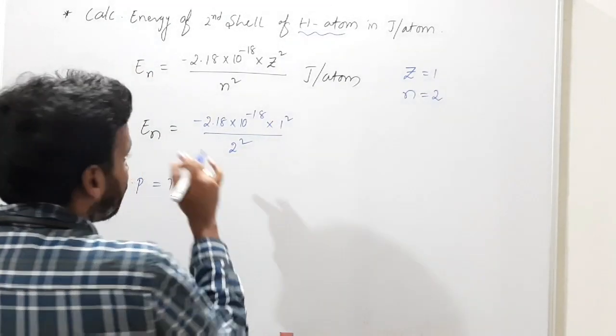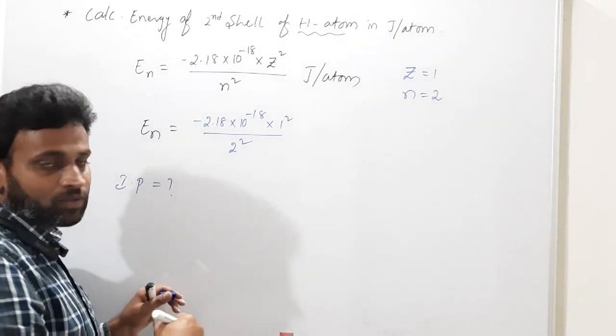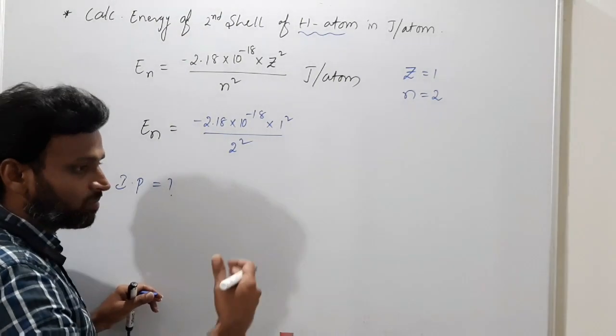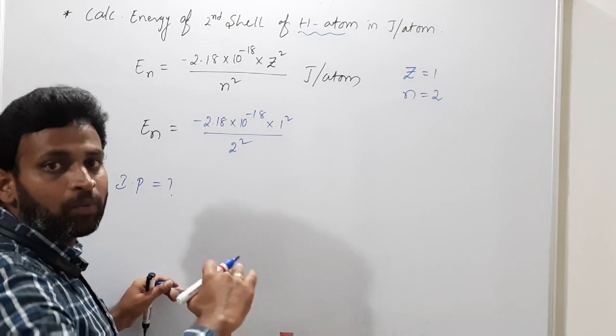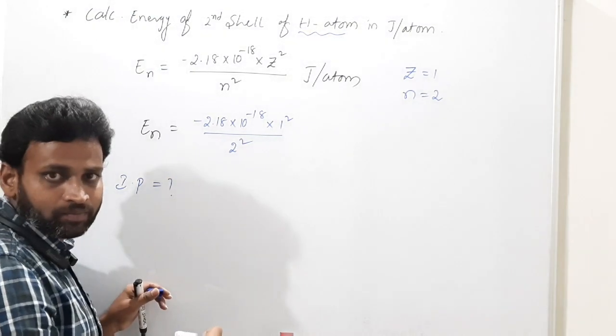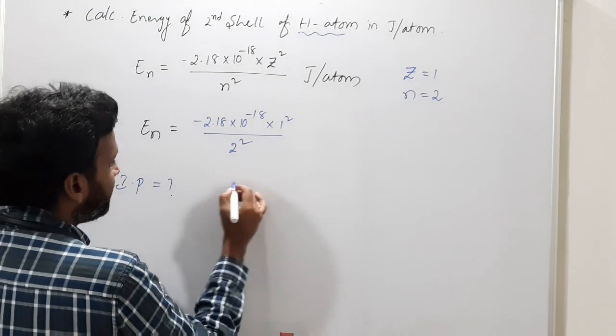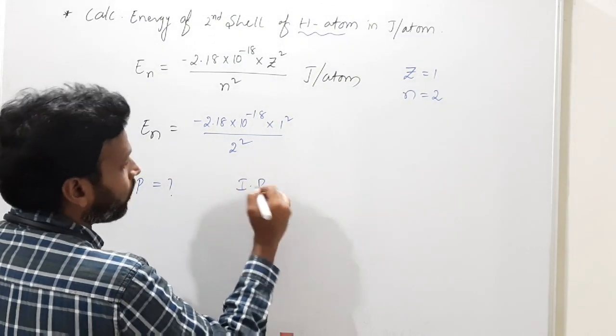But the energy of nth orbit is what? It's released energy. So that's why we are showing it with a negative. Negative means it's a released energy, like it has energy. Here ionization potential means required energy.